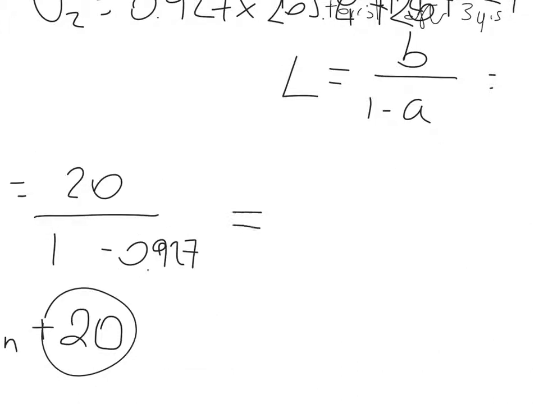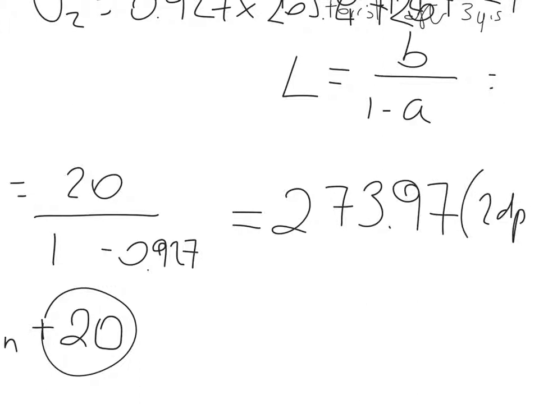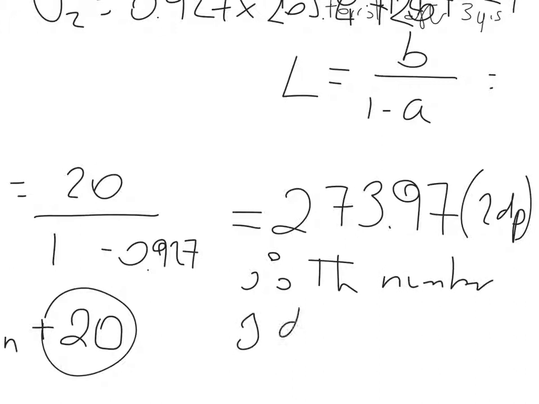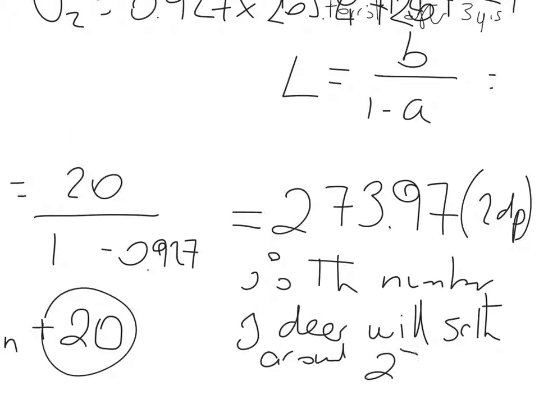I then enter that into the calculator, and that will give me 273.97 to 2 decimal places. So therefore, the number of deer will settle around 273.